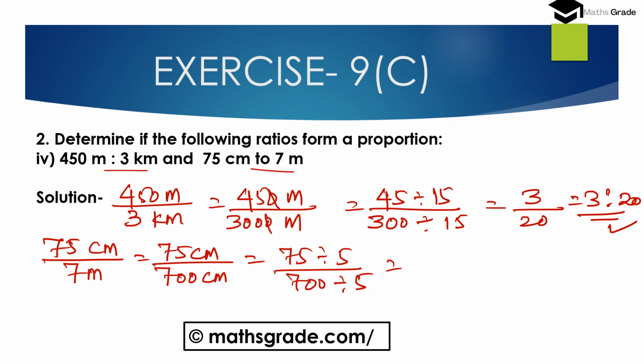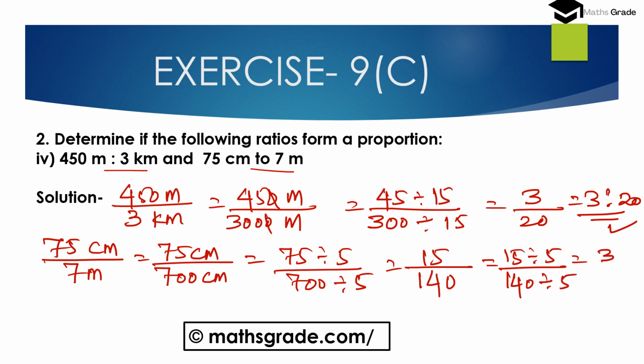Now 75 divided by 5 is 15 and 700 divided by 5 is 140. Now between 15 and 140, 5 is the common factor. So divide 15 and 140 by 5.